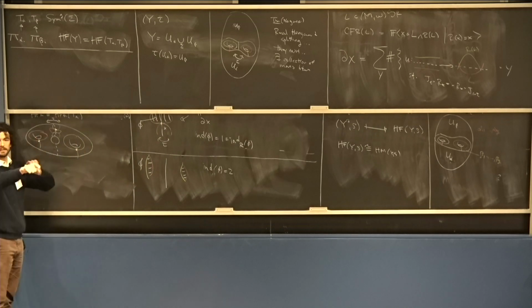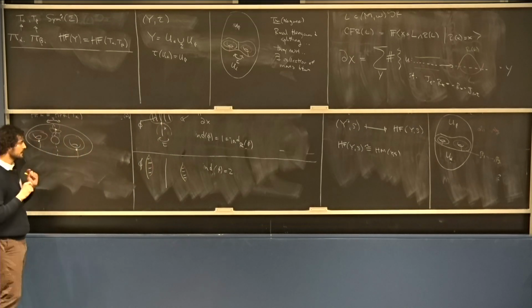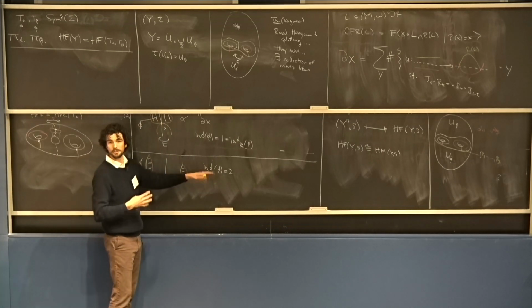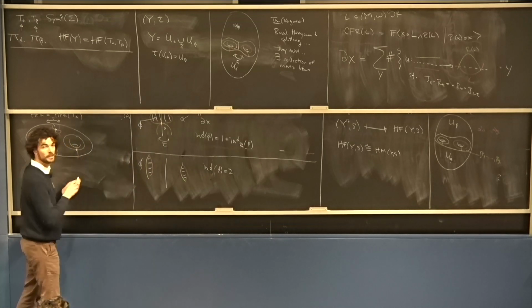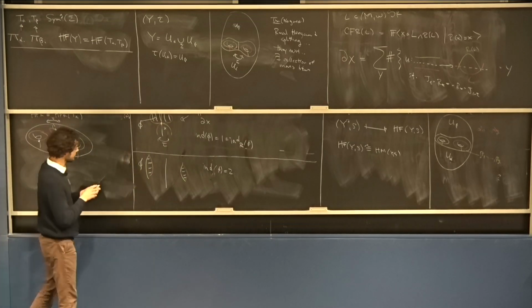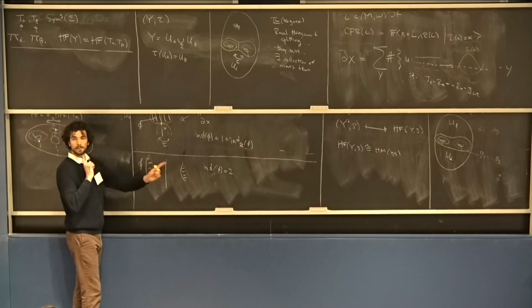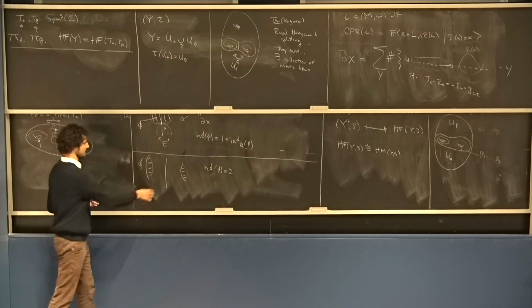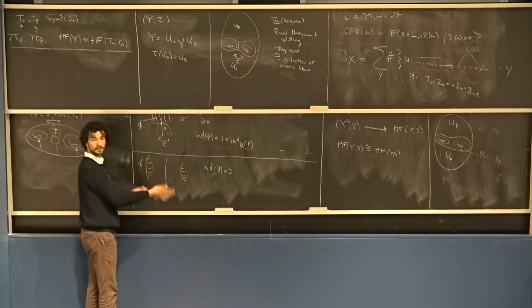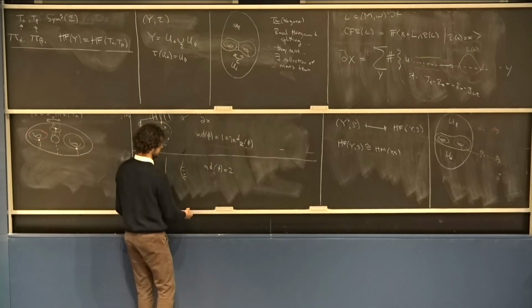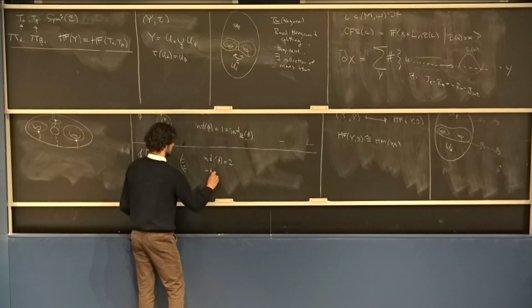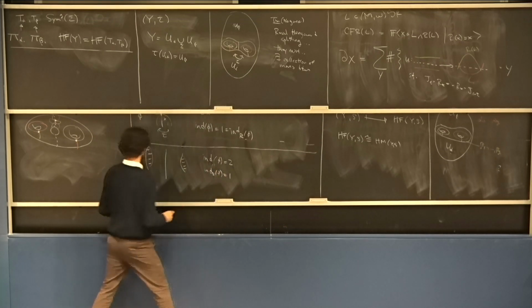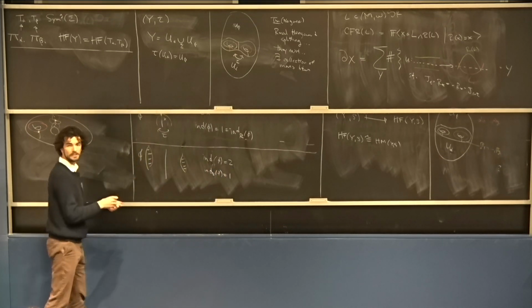I can translate in either disk. So this would not show up as a term in the differential, because I've got a one-dimensional moduli space. But I don't have 2 parameters in the real case, because the translations in both disks have to agree. So the real index is 1 in this case, and this domain will contribute to the differential here.